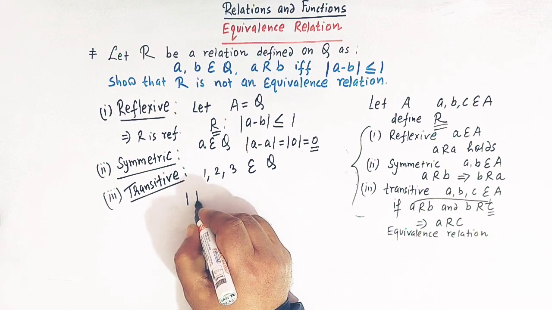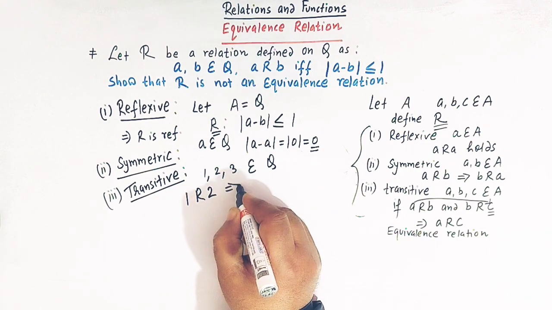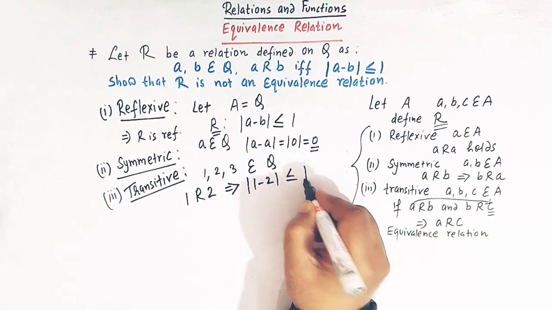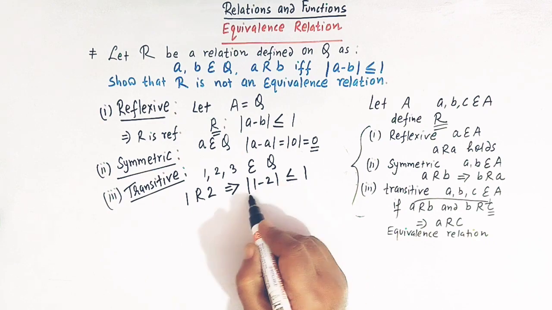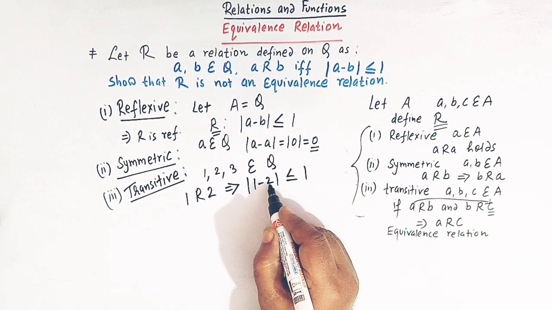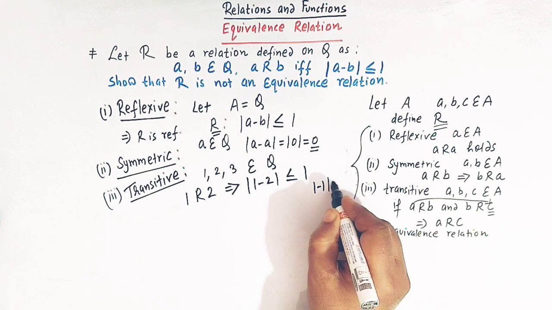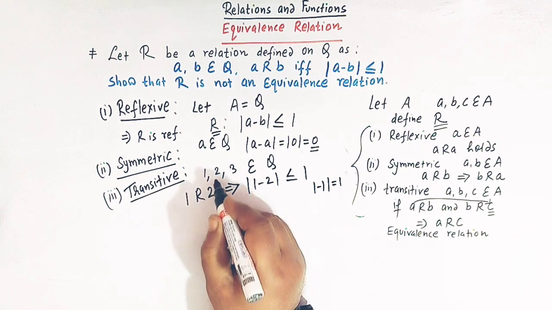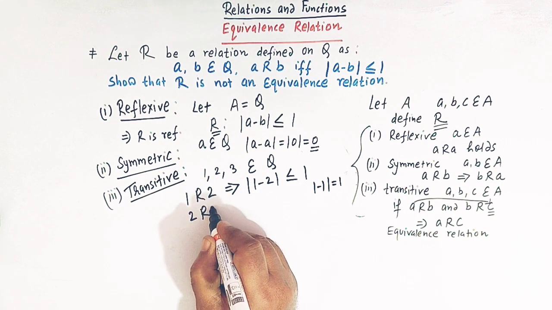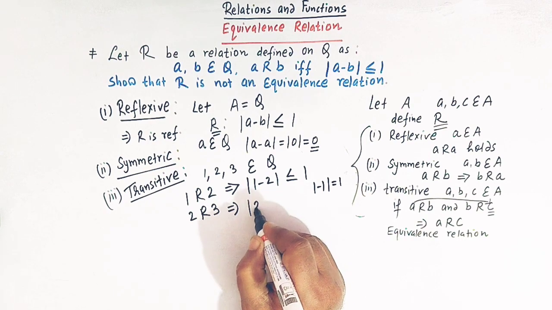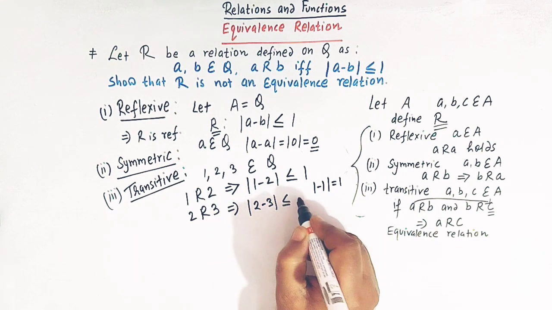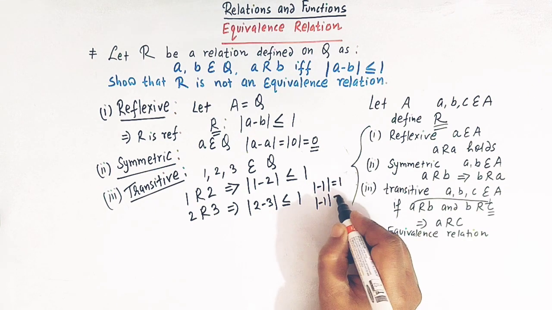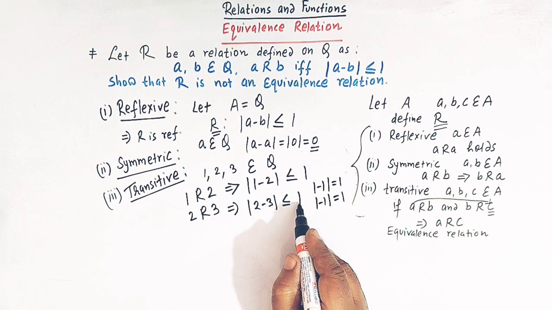Now 1 related to 2 implies that mod of 1 minus 2 is less than or equal to 1, which is true, because mod of 1 minus 2 is mod of minus 1, that is equal to 1. So 1 is obviously equal to 1, right? And 2 is related to 3 because mod of 2 minus 3 is less than or equal to 1, and again mod of 2 minus 3 is mod of minus 1, which is 1. So 1 is equal to 1, right?